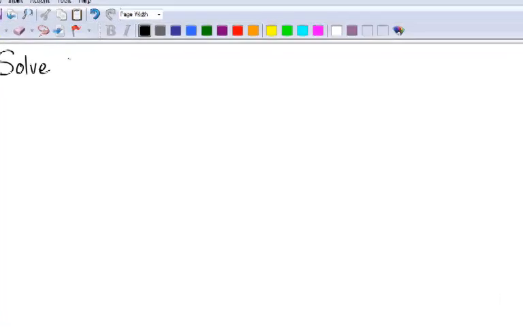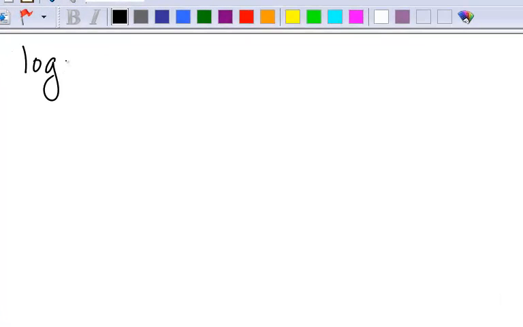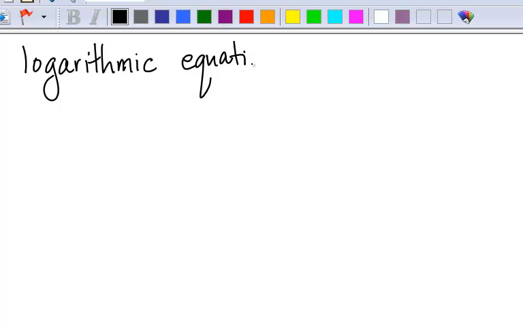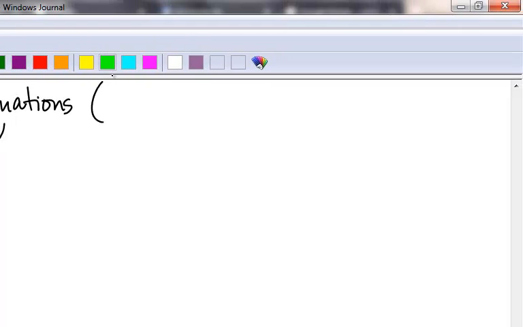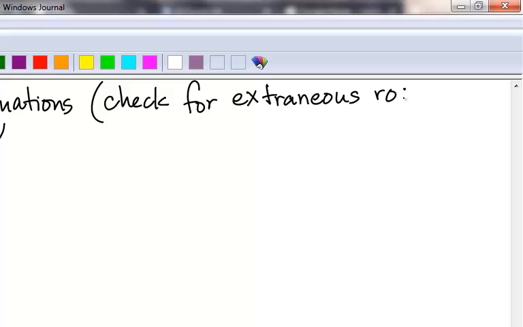Okay, now they will give you problems like this. Solve logarithmic equations. And a little note in there, check for extraneous roots or solutions.